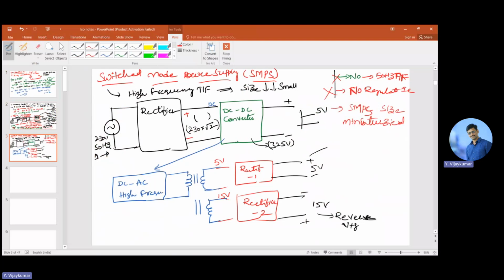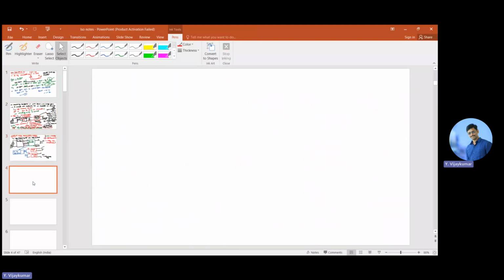Okay, now where are we using the application of these DC-DC converters in electric vehicles? Up to now we discussed the applications where we use them.